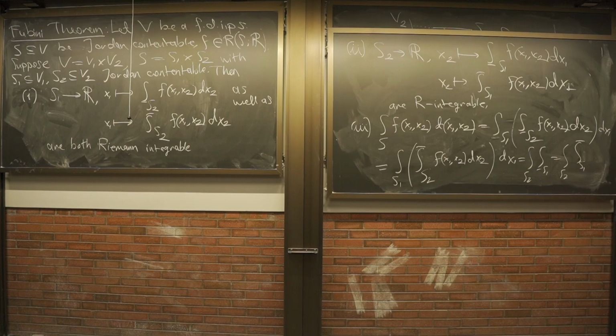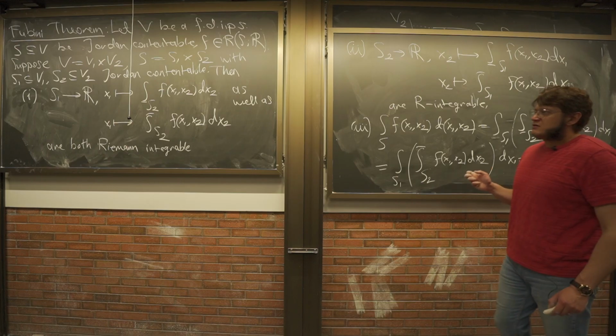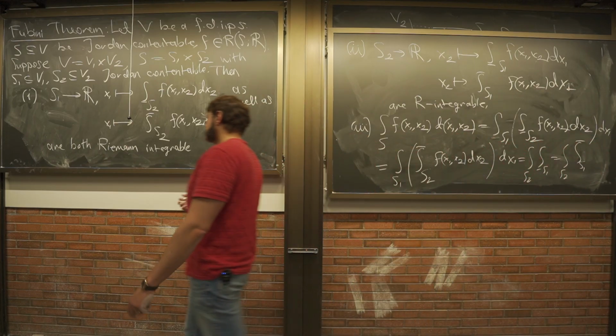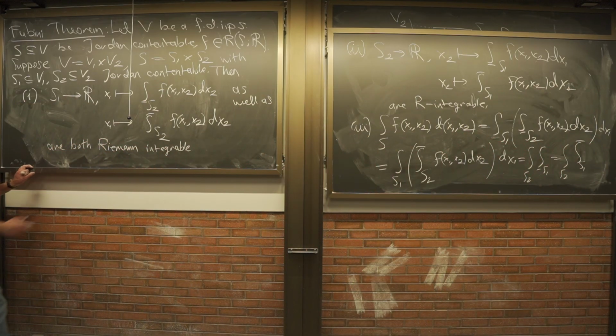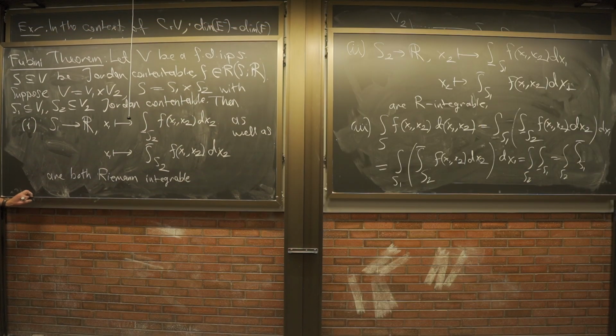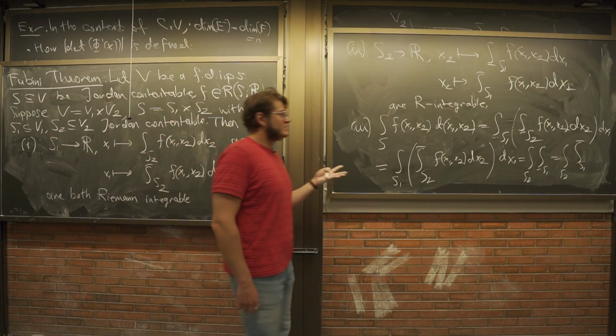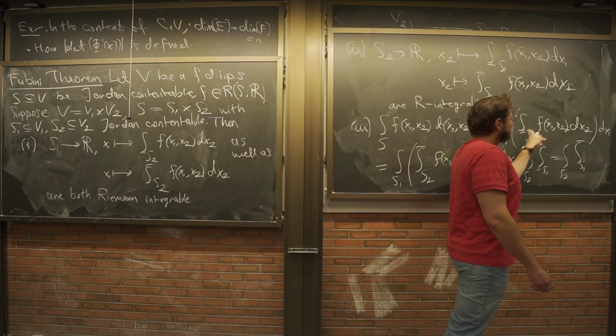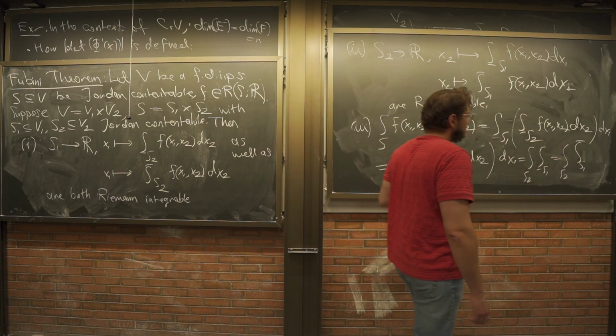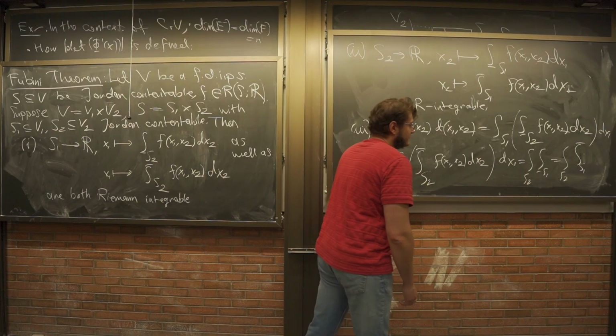You get to change the order of integrations. It's a pesky matter, and this is one of the reasons why this theory is not really nice for integration. Ultimately, when you have iterated integrals inside, you don't want to be worried about these inner integrals not existing.